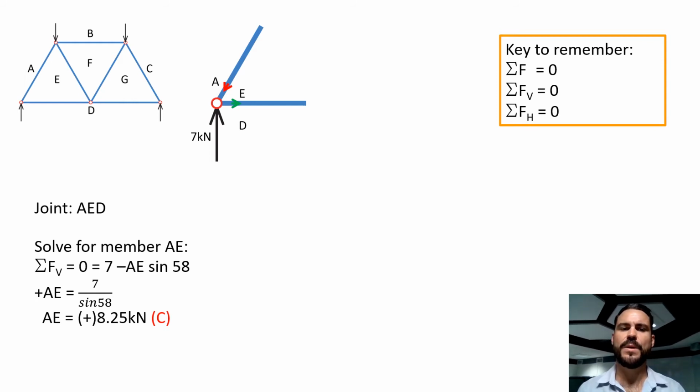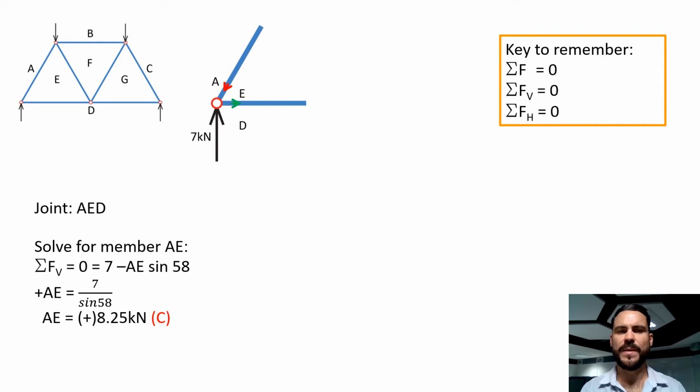If you like, you could try starting backwards, and say plus AE, shift to the other side makes negative. It should work out the same for you. We're validating here that our prediction of compression is actually correct.